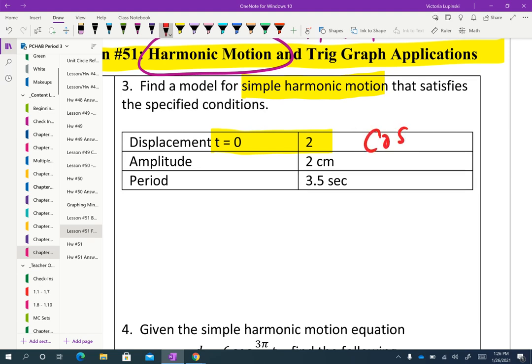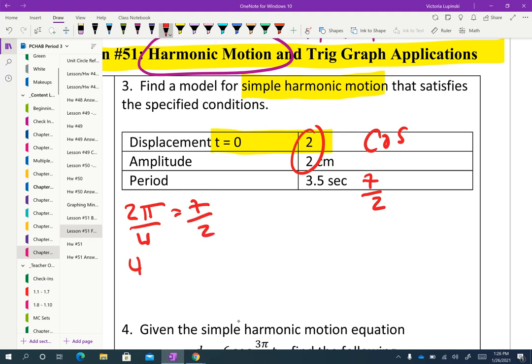If it starts at anything other than 0, 0, it has to be a cosine. This displacement and this amplitude have to be equal, or else the problem wouldn't make sense. Also for period, please make sure you know 3/2 is equivalent to 7 over 2. It just helps us keep it as a fraction. So if the period is 7 pi over 2, then 2 pi over w is going to be equal to 7 over 2.